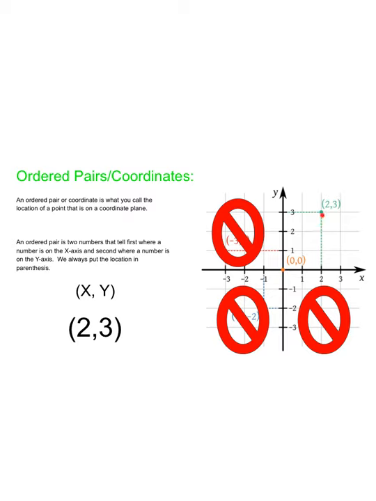So that helps me know that, yes, indeed, the location of this point on the x line is a 2. So I write 2 right here. Then I come to the y, and you can see that that point is not on the 1. It's not on the 2. It is on the 3. So I put over here that its location is at 3 on the y-axis. So this is what the 2 and 3 mean. Its location is at 2 on the x-axis and 3 on the y-axis.